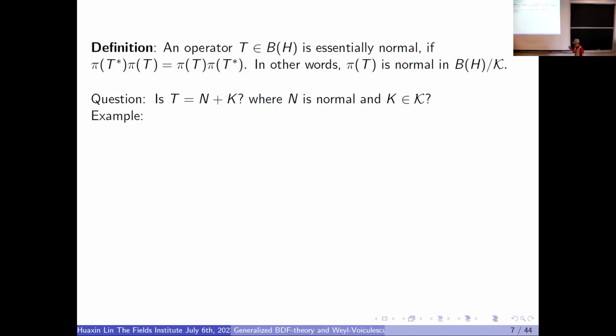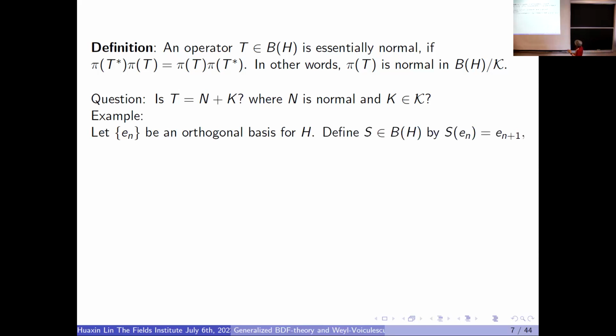So let's look at an example. The example, of course, is the shift operator. You take an orthonormal basis e_n, and S is the one-sided shift. Then you look at what S star is.